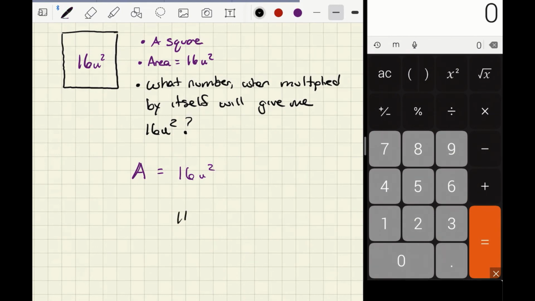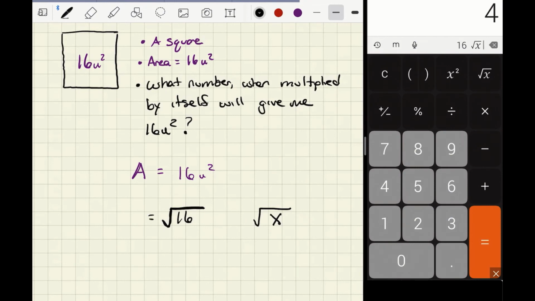You would take that 16 and you would square root it. Now, that's not a division symbol. That's a square root symbol. And that's a symbol that's on our calculator. You can actually see that over here on our calculator. It's the symbol that looks like that with an X underneath. That's the square root. So if we plug 16 into our calculator and we hit that square root icon, we get 4.